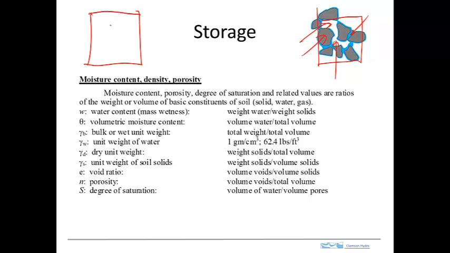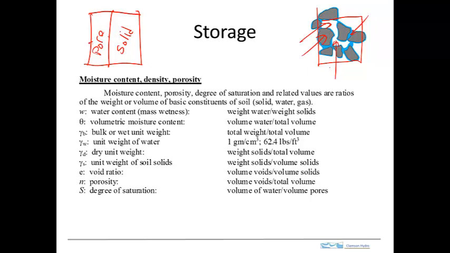So we can make just a very idealized diagram and say, well, if this is our representative volume, then part of that volume consists of pores or voids, and part of it is solid. And we can further characterize that as a pore space that is filled with water or air.